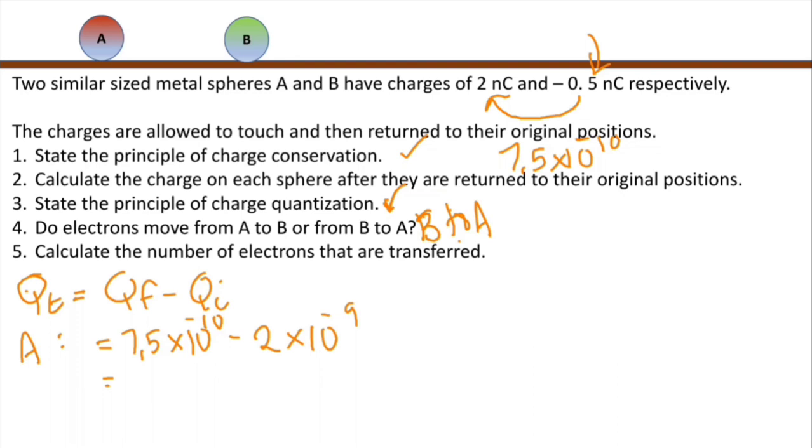And I get negative 1 times 10 to the minus 9 coulomb. I'm just checking: 7,5 times 10 to the minus 10 minus 2 times 10 to the power of negative 9.